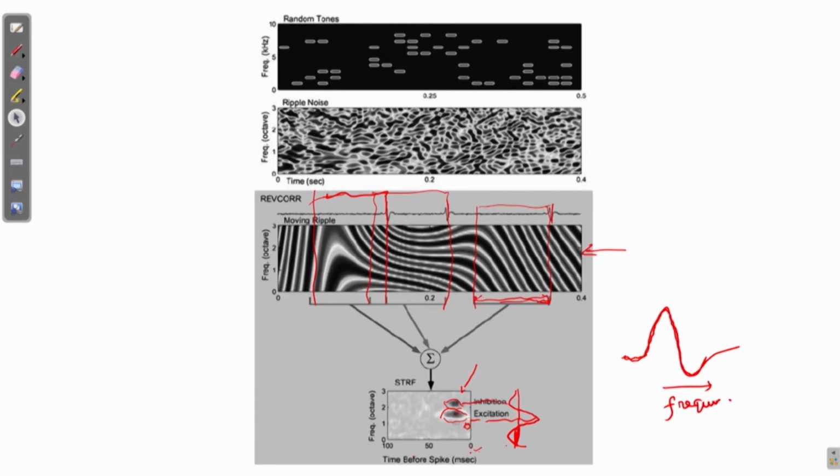But again, if we do an average across the frequencies, then we get an idea of how the neuron modulates the energy in the stimulus in the past. So, this is going to be 0 time up to, let us say, 100 milliseconds, and this is the part where the neuron actually weighs the stimulus significantly.